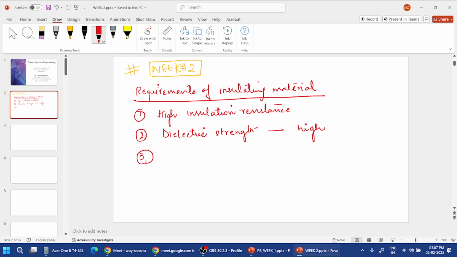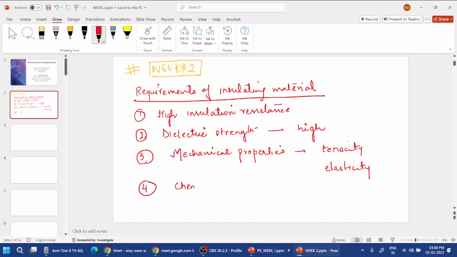Third is the mechanical properties. It should have tenacity and elasticity. Then fourth one, chemical effect.